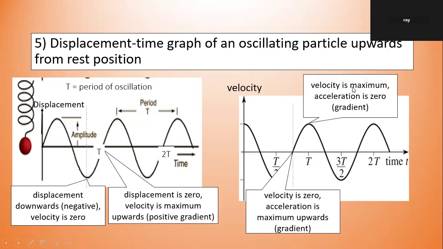Velocity is maximum. Same on the velocity time graph, it's horizontal, so acceleration is 0 there, whereas acceleration is maximum here. Where the displacement is minimum, the displacement is downwards.